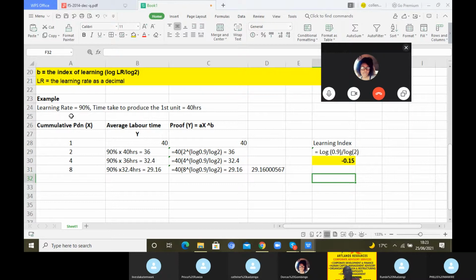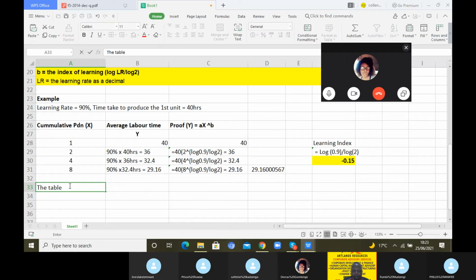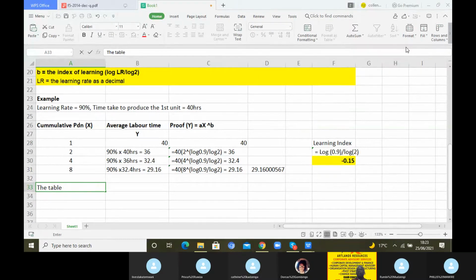That's what it means when you say you are learning at 90%. Before I type this statement, I want this to sink in your mind, Dorcas. A learning rate of 90% means you are going to spend 90% of the previous time that you took.